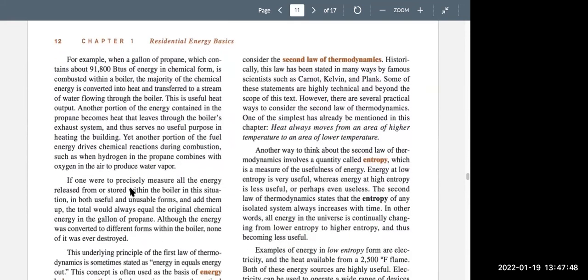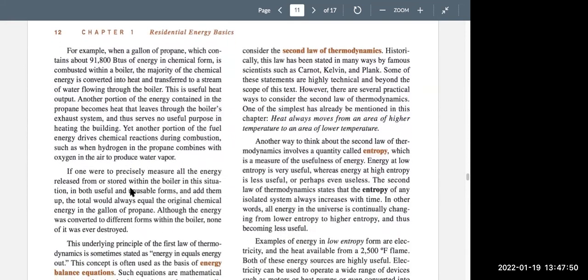What they're talking about is if you're burning a certain amount of, just say, wood, not all of that energy is going to be changed into heat. Even though that wood may have a certain amount of BTUs available, a lot of that heat's going to be lost up out through the chimney, as we all know.